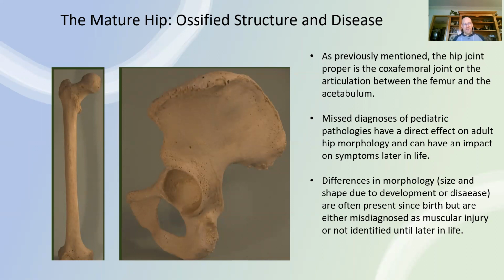And so in a second, we're going to see an exam on an infant with hip dysplasia. I think that's the next slide. Ultimately, it's extremely important to identify hip pathologies in children, particularly hip dysplasia, because we can actually manage this in kids and decrease the incidence of hip pain and hip discomfort later in life, as we'll see in a second.